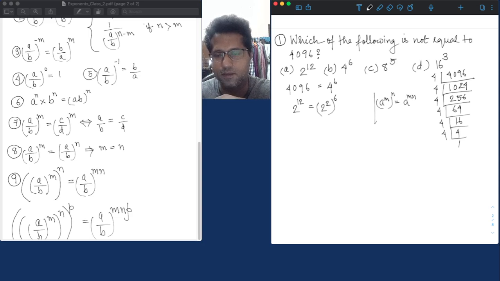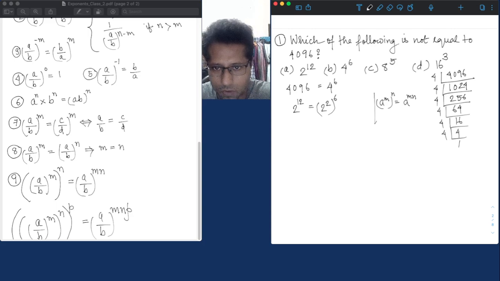Using this concept, from A to the power mn, we have factorized mn into m and n, and we have written it as A to the power m whole to the power n. So 2 to the power 12 equals 2 square whole to the power 6.